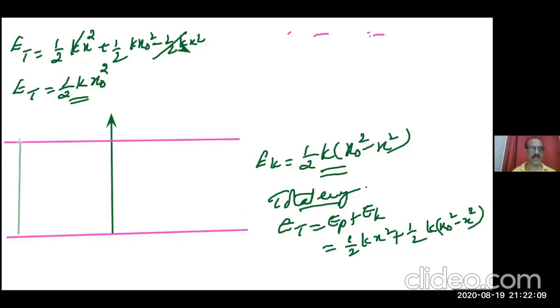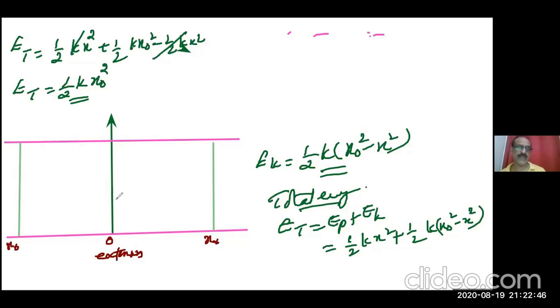I'm marking a dotted line. The pink line is the actual axis, the x-axis. Here x is 0, here extension. This point is x naught.